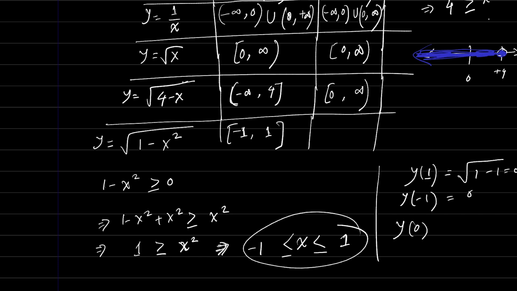What about y of 0? Y of 0 is square root of 1, which is 1. Okay, so as we can see, the range cannot be greater than 1. So from 0 to 1, this is our range.